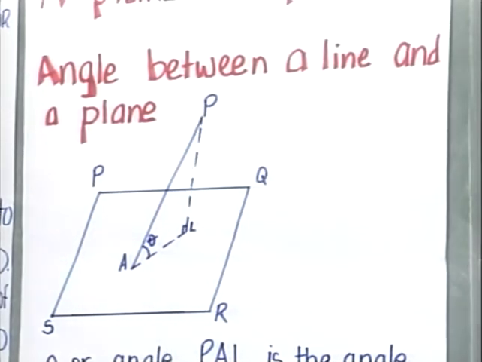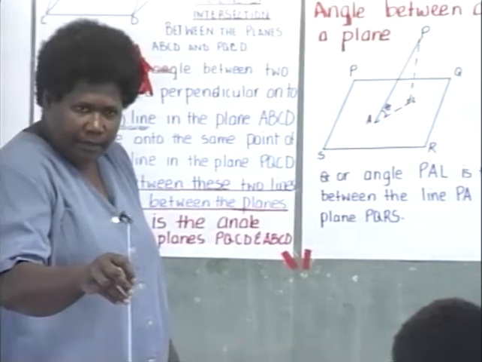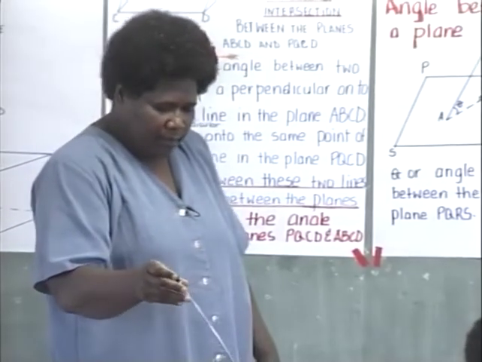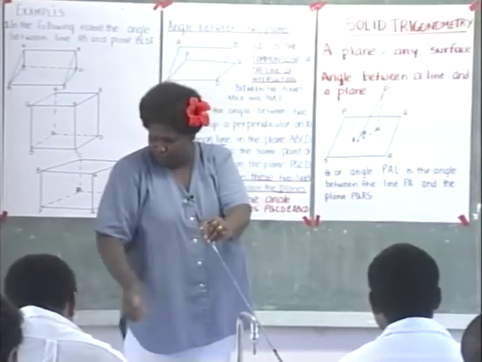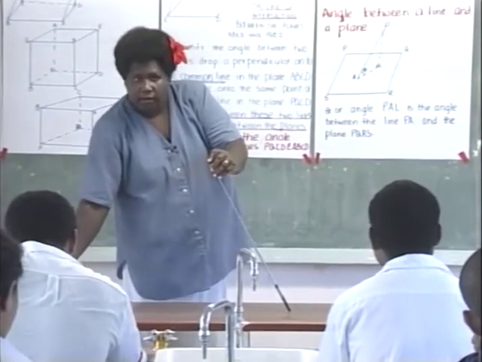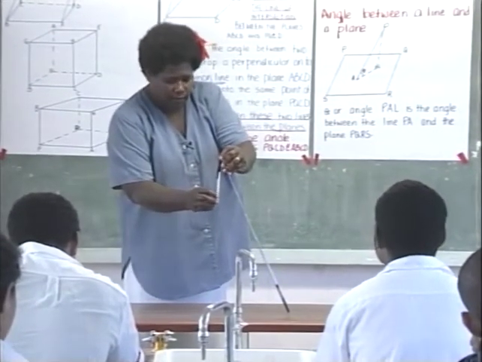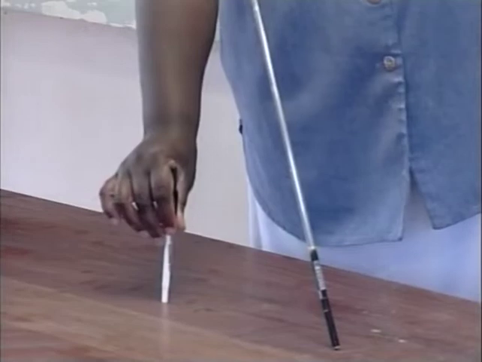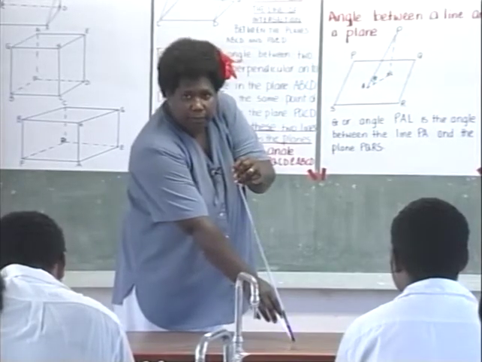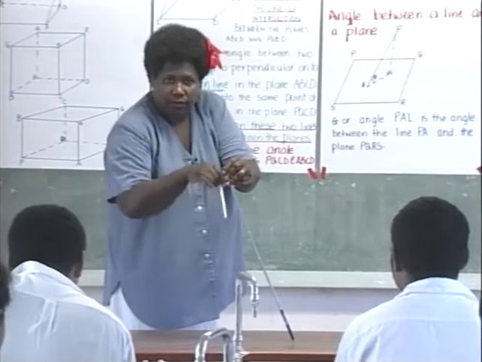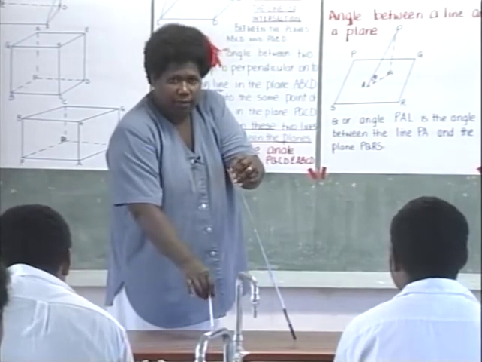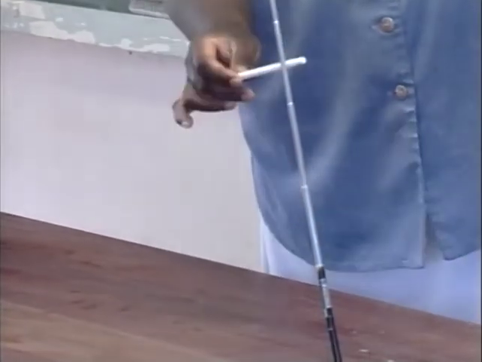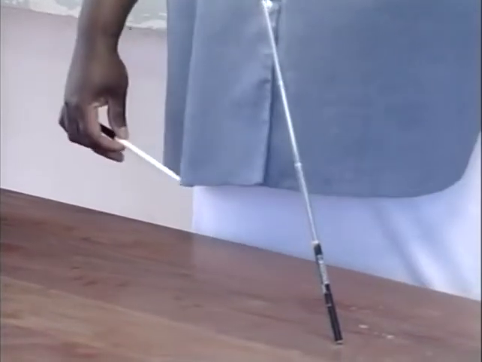If PQRS is the surface of this table, and the line PA is drawn something like that, you draw a line from this point to the plane, and then you draw a line from that point to that vertical line that you've drawn. The angle between the plane and the line is the angle between this line and the required line.